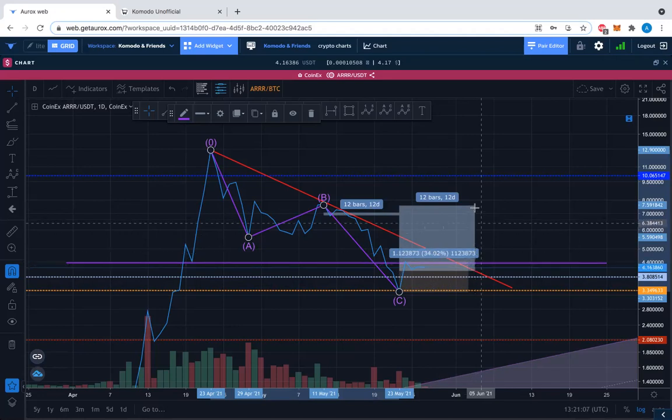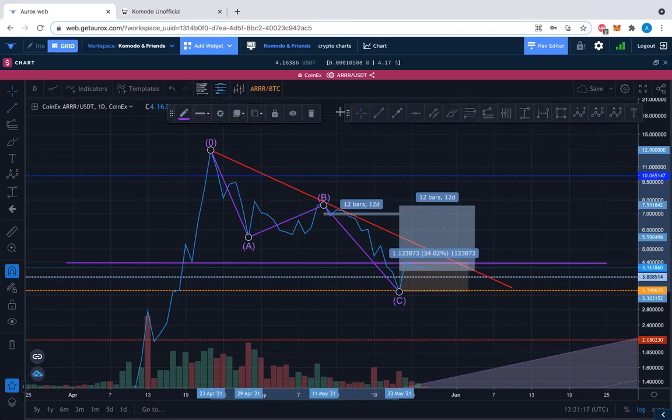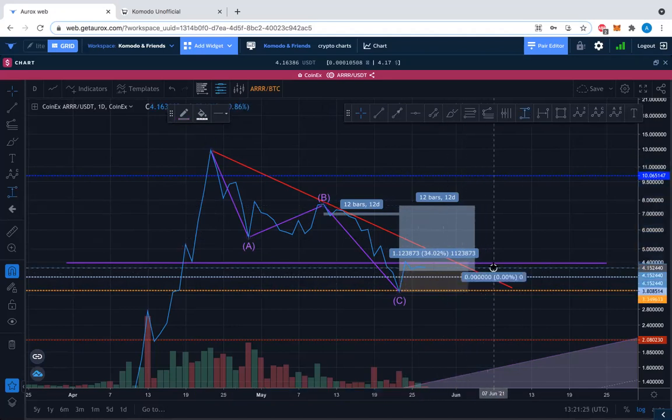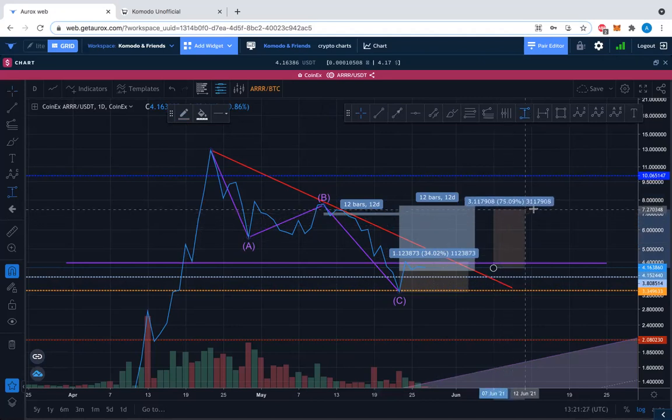However, the second stipulation is not so simple and would require, from where we are now, what kind of a move? From where we are now, roughly here, which is at about $4.15, would take an 80% move.